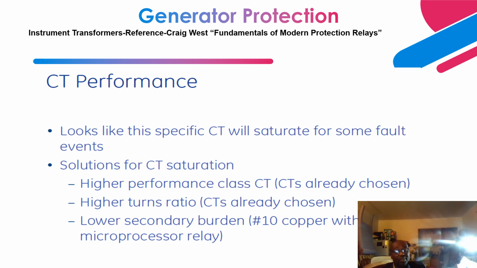Or you can choose a higher turns ratio CT, or in terms of performance class, you can also choose another higher accuracy class CT. Let's say you chose C200, then you probably want to move to a C400 accuracy class CT. Then you go back and plug in your parameters, and basically you will determine whether you're able to pass CT saturation.